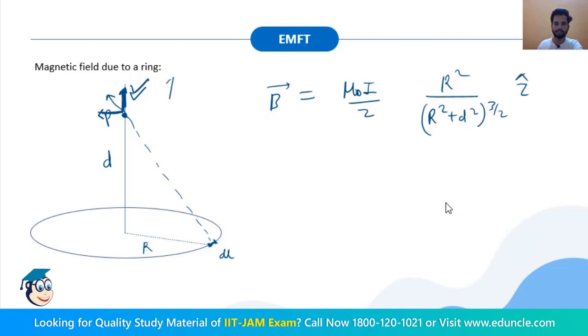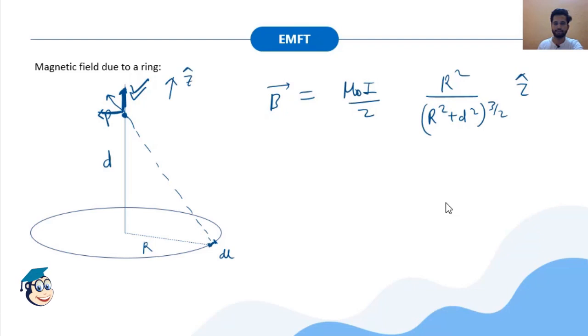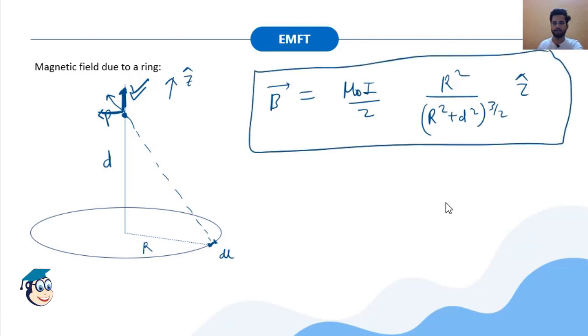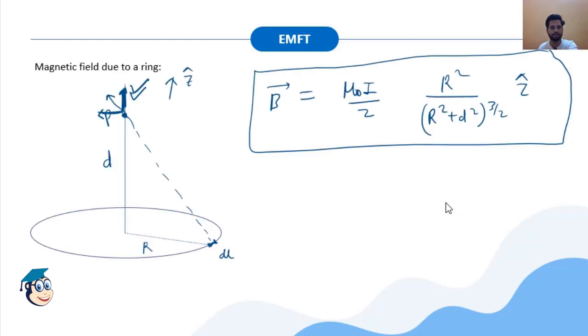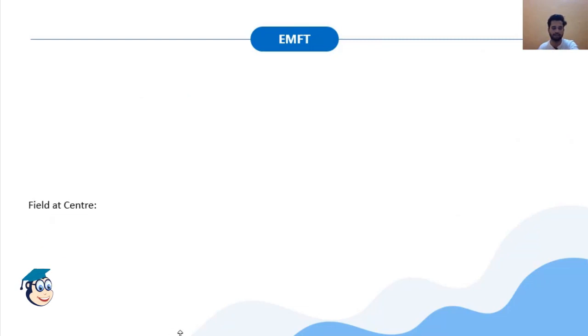This direction is defined as z cap. This is the magnetic field due to a ring of radius r at height d above the center of the ring. Okay, so let us calculate for a special case, the field at the center.